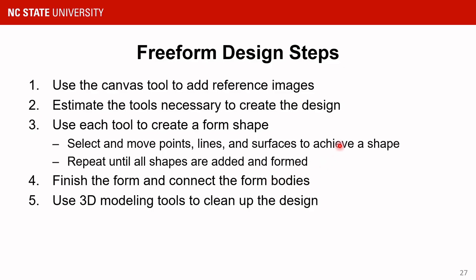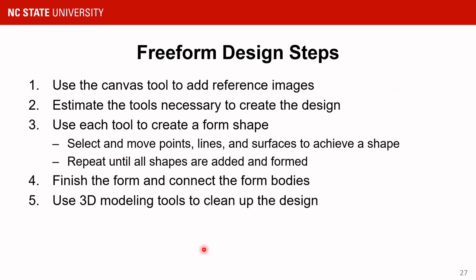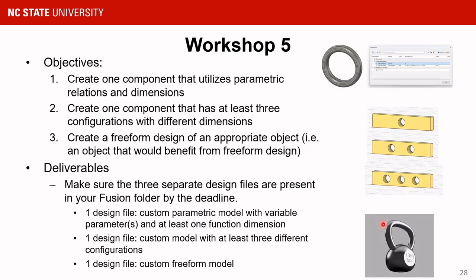We're going to finish the form, so that's going to be that checkbox in the top right, just like in finishing a sketch, and then connect the form bodies, in our case using the boundary fill tool here. And then finally, once we have those solid bodies, we can use 3D modeling tools like the plane, extrusion cuts, and fillets to clean up the design and make it more accurate.